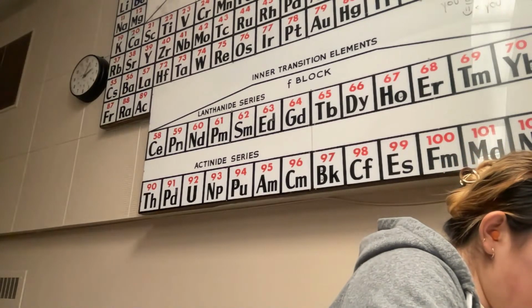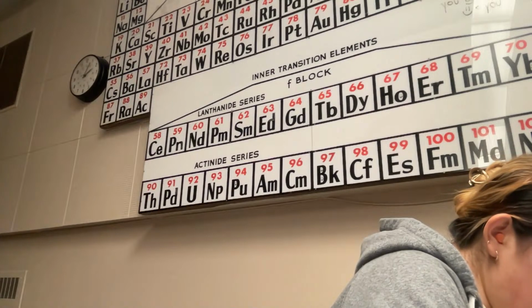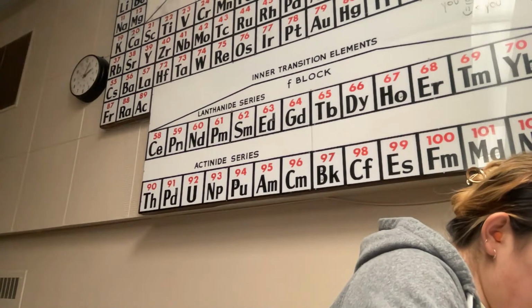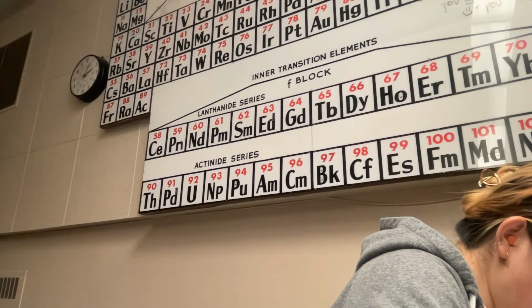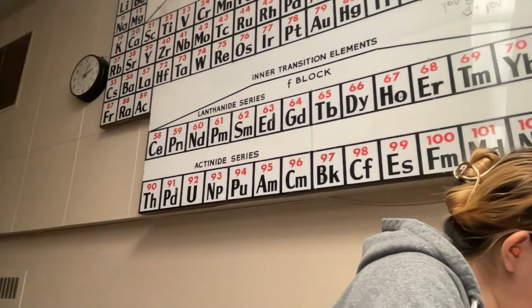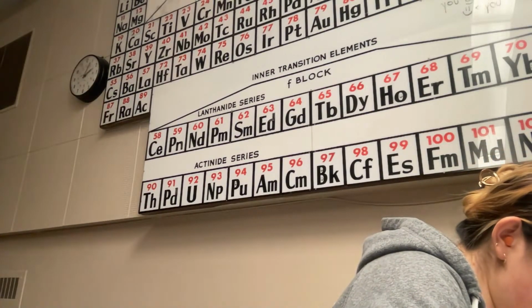But then if it is a ring, the aldoses would have OH and H here.